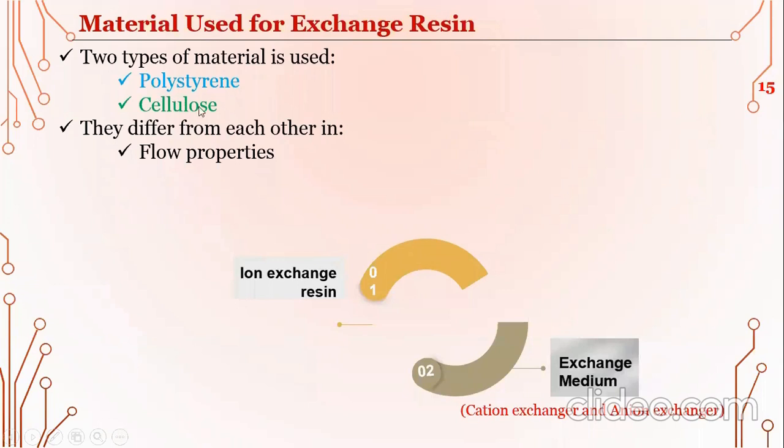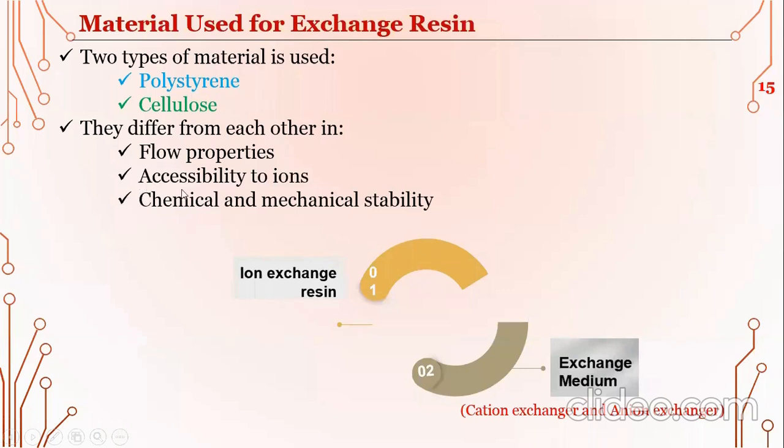Polystyrene will behave differently from the cellulose. So that depends, either we need to use polystyrene or cellulose. We're going to discuss this later in these slides actually. And the second one is accessibility to ions, meaning how ions are accessible in polystyrene or in cellulose, and chemical or mechanical stability.